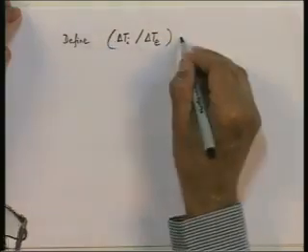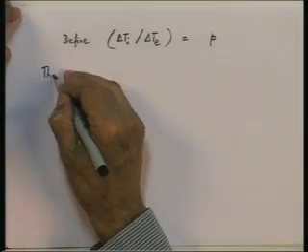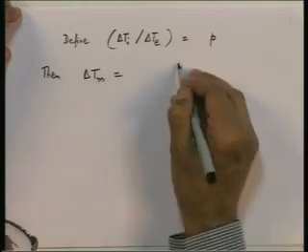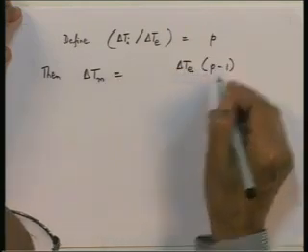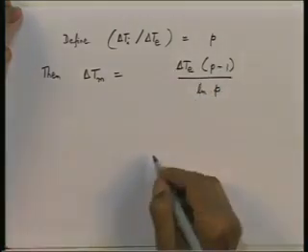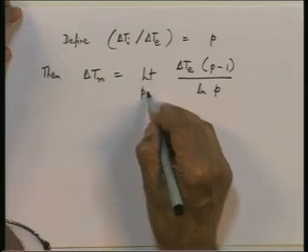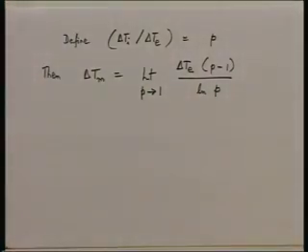Let us say this is equal to some quantity P, in which case our expression for delta Tm becomes delta Te times P minus 1 divided by the logarithm to the base e of P, and we want to find this in the limit as P tends to 1, as delta Ti tends to delta Te.